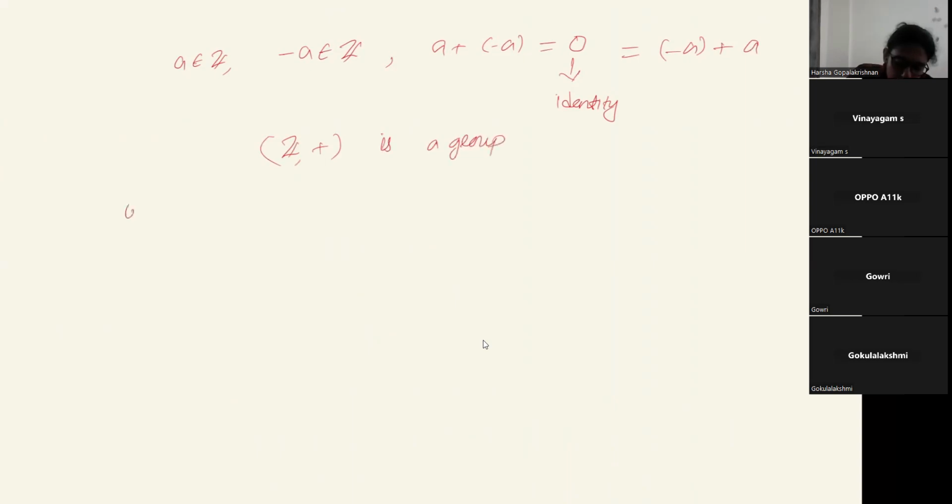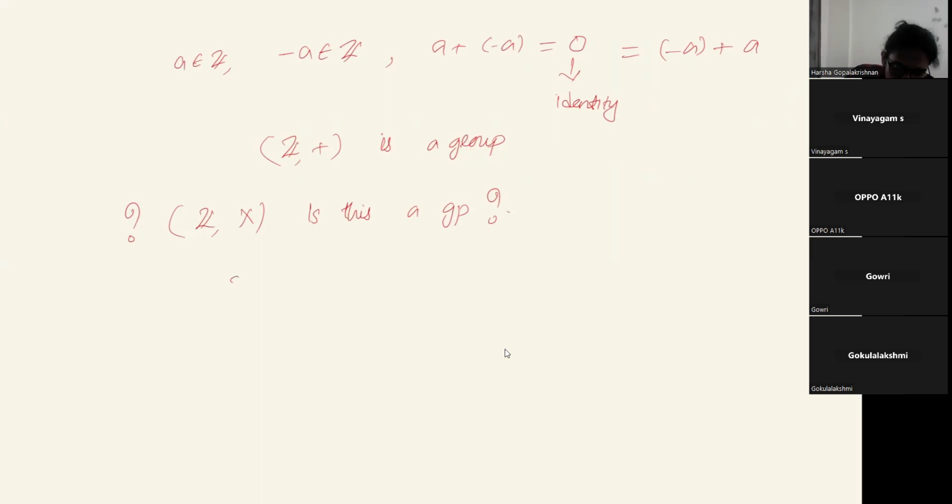Now let me ask a question. Z under multiplication. Is this a group? No, it is not a group. What Siddharth is saying is that an element does not have an inverse.